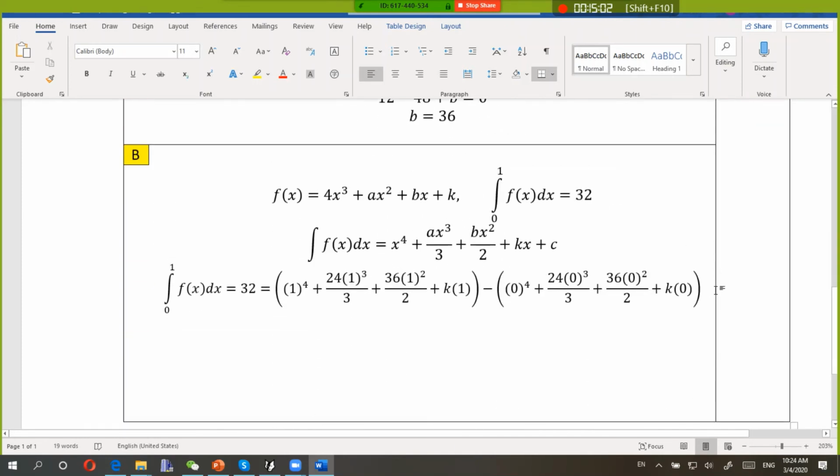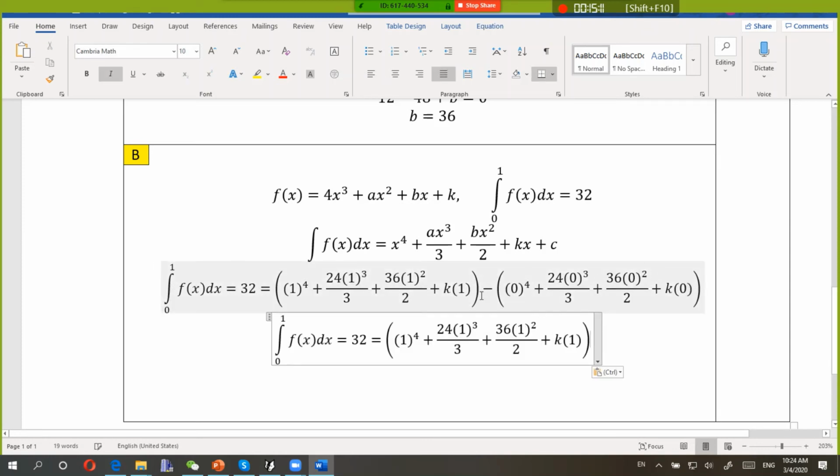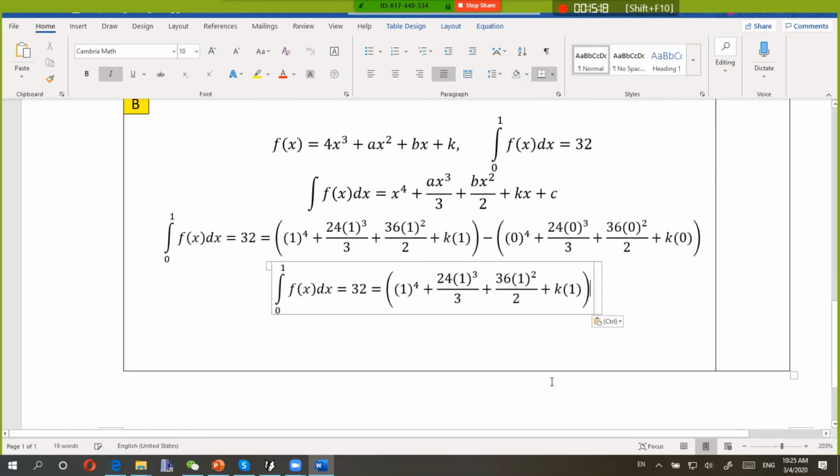Okay, so something like this. For this whole lower bound, I'm multiplying by 0 for everything, so I can just get rid of it. So that leaves me with this.